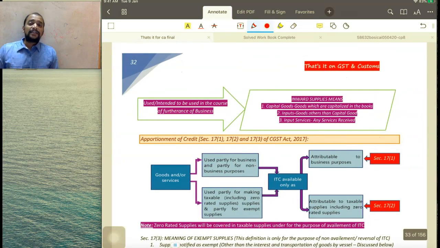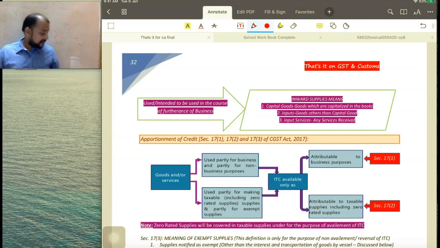Then the inward supplies should be used or intended to be used in the course or furtherance of business. And what is the meaning of inward supply? Already I told you: inputs, input services, and capital goods. What are capital goods? Those goods which are capitalized in the books are known as capital goods. So with this, we completed one section, that is section 16.